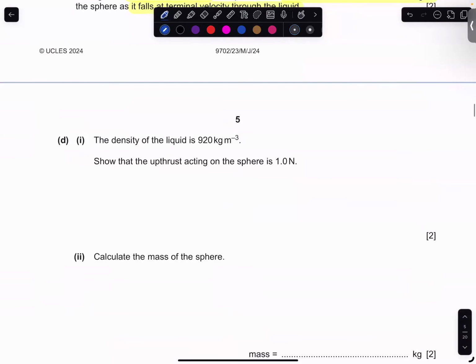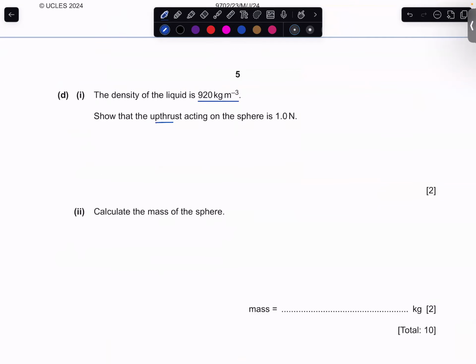The D part says the density of the liquid is 920 kilogram per meter cube. Show that the upthrust acting on the sphere is equal to 1 Newton. We know that upthrust, according to Archimedes principle, will be equal to rho, g, and V. The value of rho is given, that is 920, the value of g is 9.8, but as it is a sphere, its volume will be 4 by 3 pi r cube.